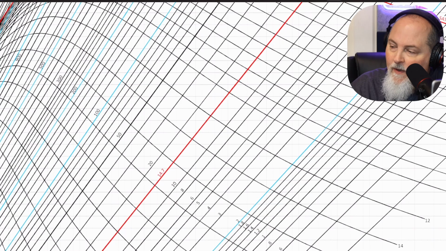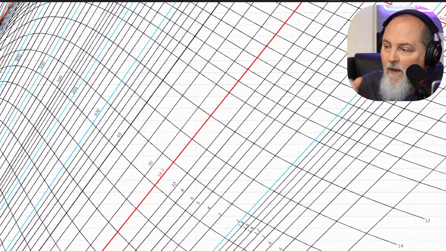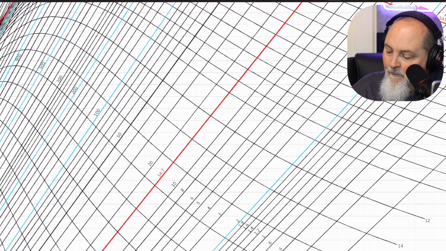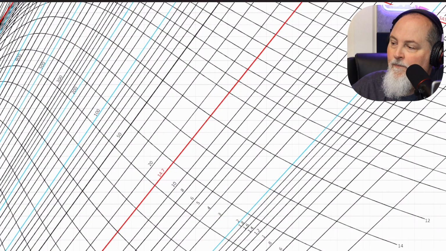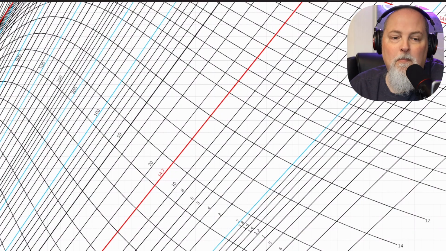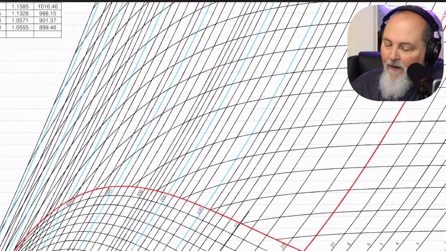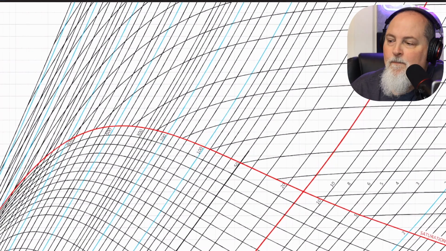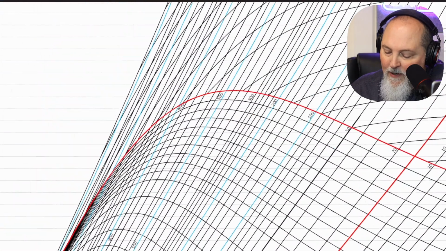So number 3 talks about using your Mollier diagram. What is the quality of a saturated mixture at a pressure of 500 psia and an enthalpy of 1115 BTUs per pound mass? So let's find that on here. It's asking you to find the enthalpy, because we give you the enthalpy of 1115 BTUs per pound mass.